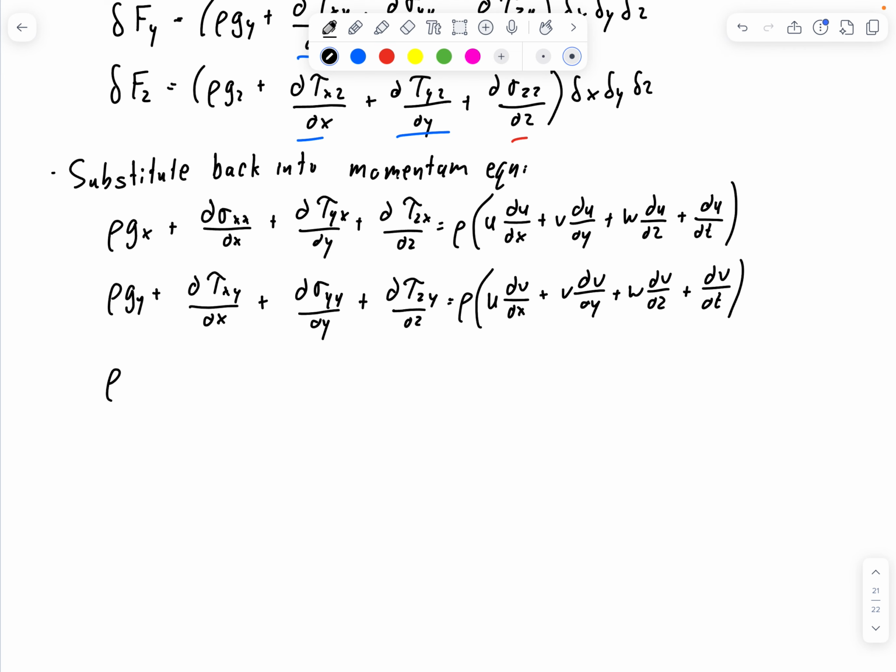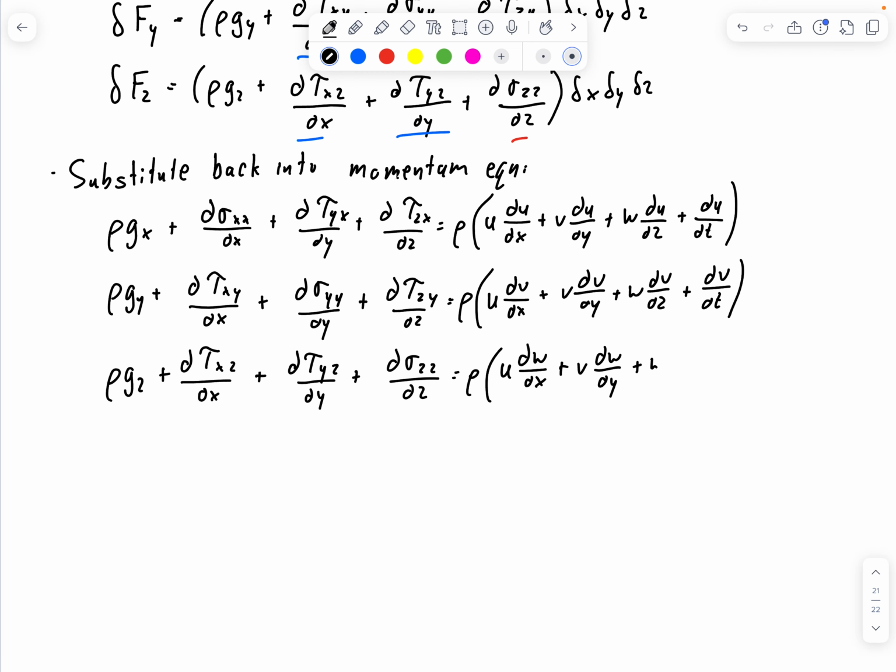And our z component is similar, so we have rho gz plus del tau xz by del x plus del tau yz by del y plus del sigma zz by del z is equal to rho times u times del w by del x plus v del w by del y plus w del w by del z plus del w by del t.